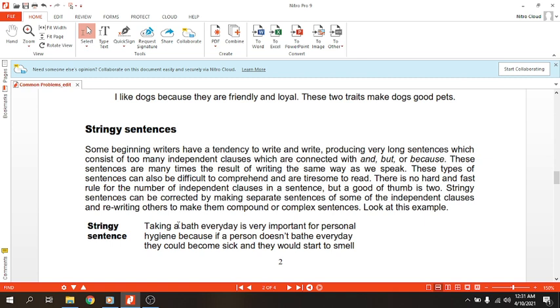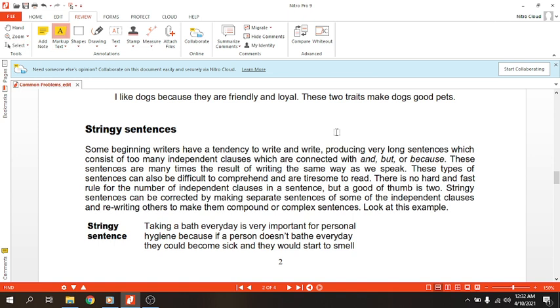Okay. Apa ya? Nah ini dia very long. So some beginners writing have a tendency to write and write, producing a very long sentences. Ya, jadi stringnya itu producing very long sentences. Biasanya itu banyaknya karena entah independent clausesnya yang banyak atau dependent clause-nya banyak.